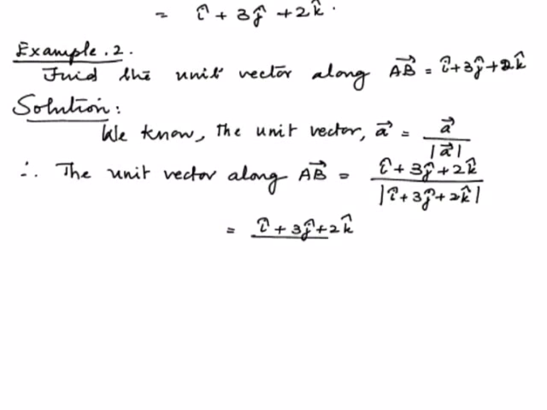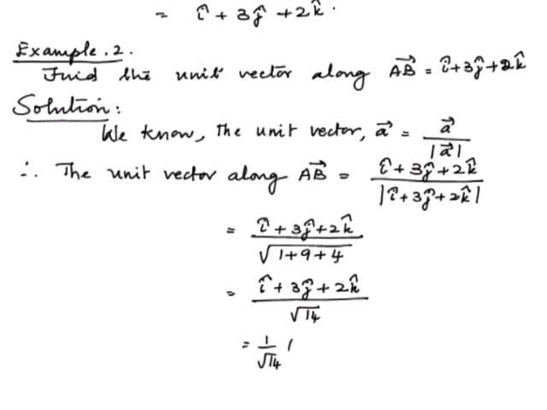Root of 1 plus 9 plus 4. So that is equal to i plus 3j plus 2k divided by root of 14. So 1 by root 14 times i plus 3j plus 2k is the unit vector along the direction of AB.